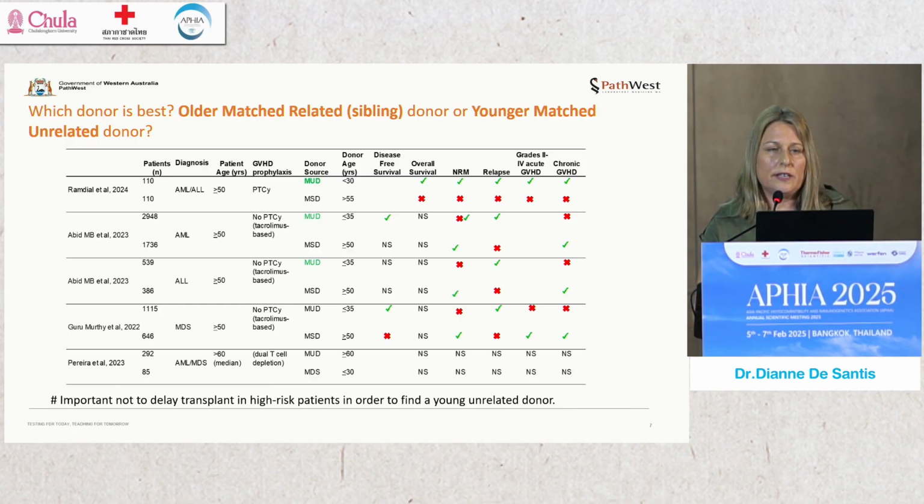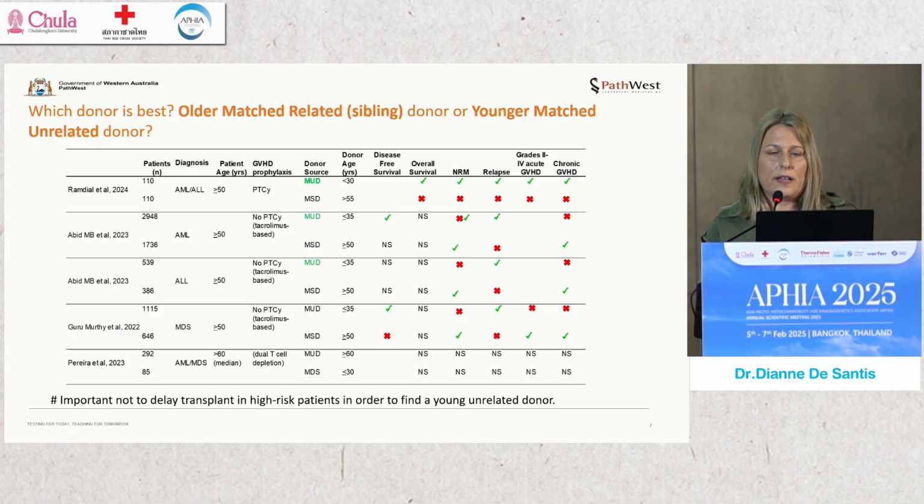So in the first study in the table, this was a small PT-Cy study that showed better overall survival due to less non-relapse mortality, relapse and GVHD that was achieved when patients were transplanted with a younger unrelated donor than with matched siblings.